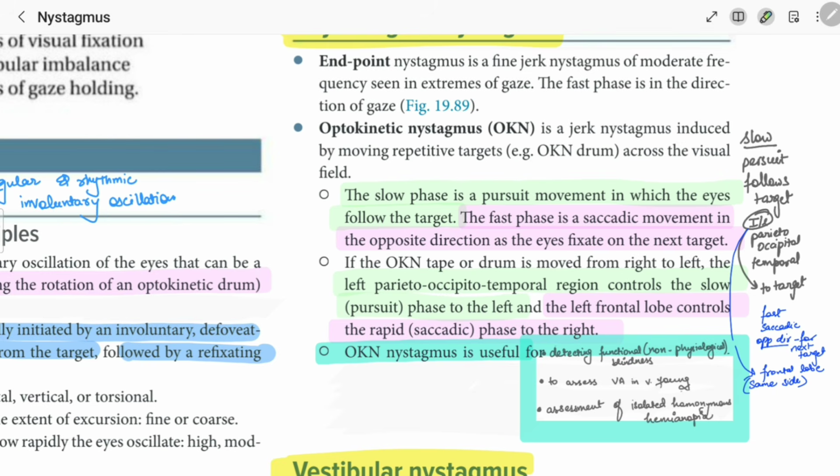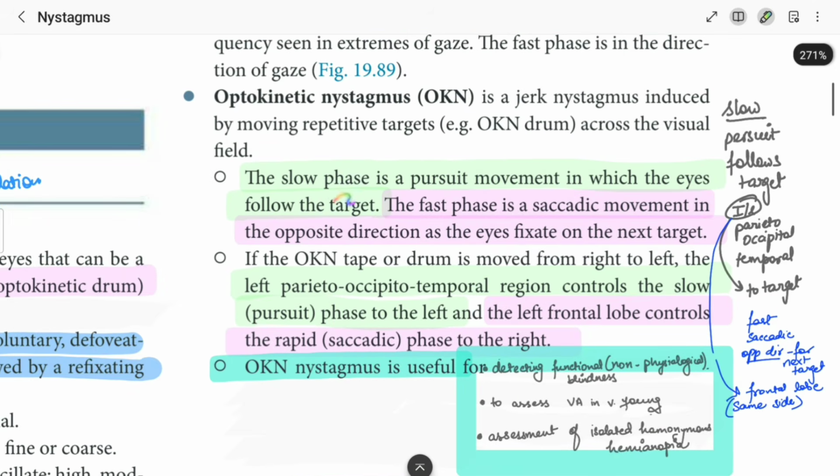So here what happens is that there's a slow phase and there's a fast phase. The slow phase is the pursuit movement in which the eyes follow the target. And then there's a fast phase that is a saccadic movement in the opposite direction because the next target comes and now the eyes move in the opposite direction to see the next target.